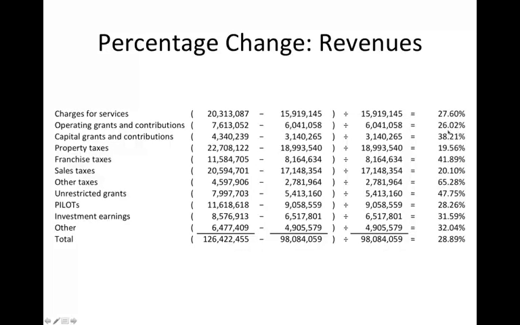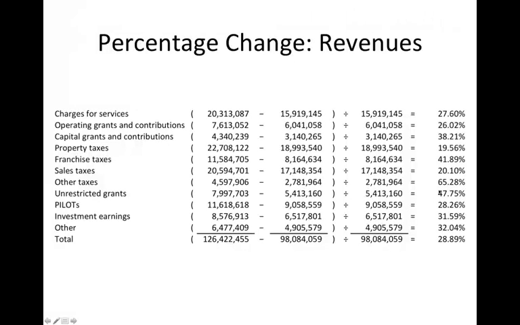Capital grants and contributions have grown faster, but again, they grow at the same pace as the spending they're related to. It's usually a zero-sum game, and 4.3 million out of 126 million in total revenue isn't all that significant, so the fact that it grew faster doesn't mean much for this government.